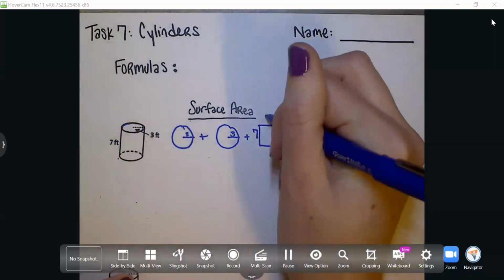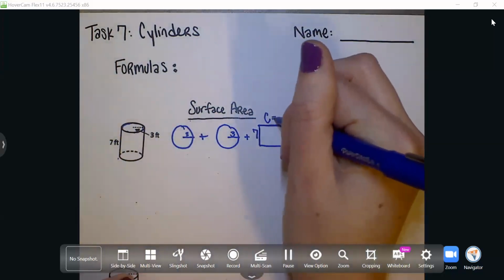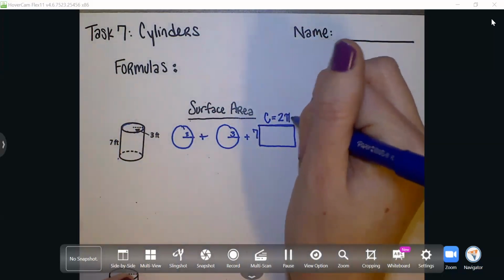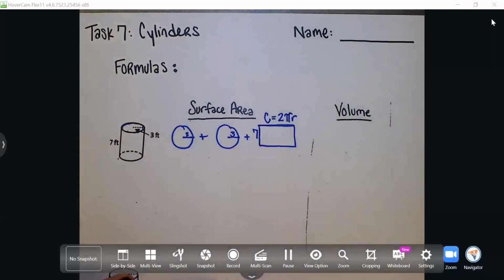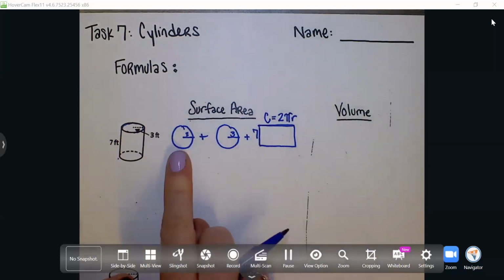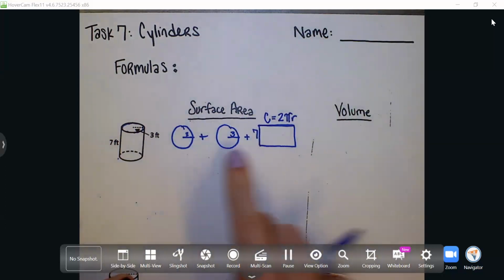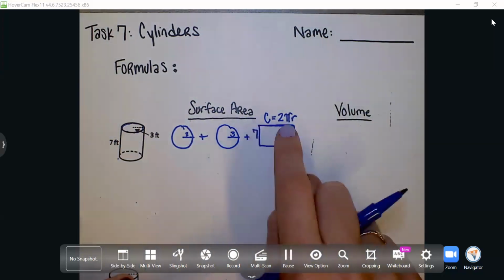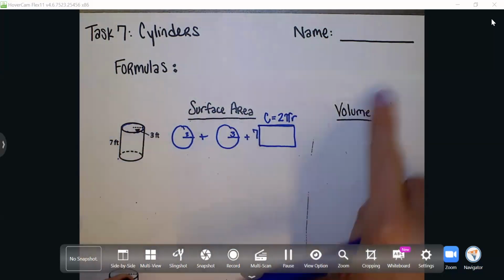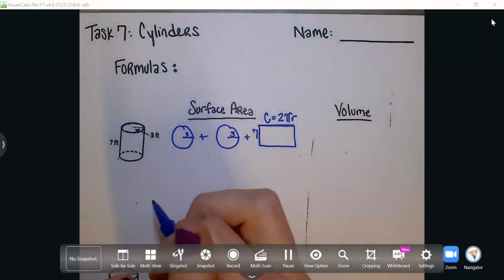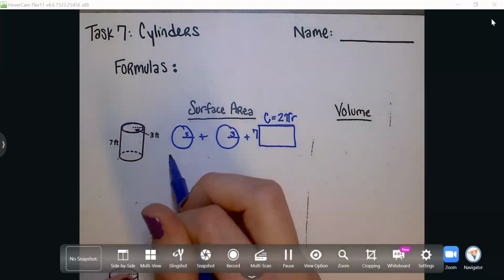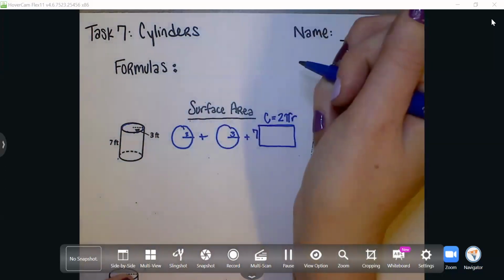And that word circumference, we had a formula to find the circumference of a circle: 2 times pi times radius. So I'm going to essentially find the area of this circle and the area of this circle, and then the area of this rectangle, but I'm going to use my circumference formula for that. A nice, more formalized version of this would be that the surface area of these two circles is both pi r squared.